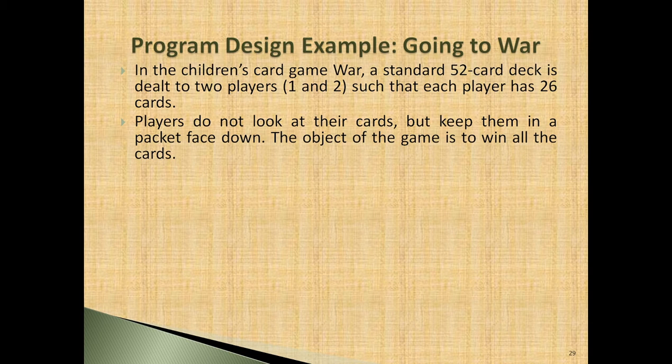So they have to keep them in the pocket or keep them on the table face down. The main aim of this game is that the player has to win all the cards. That means at the end of the game, one player should have all 52 cards, and he will win the game.